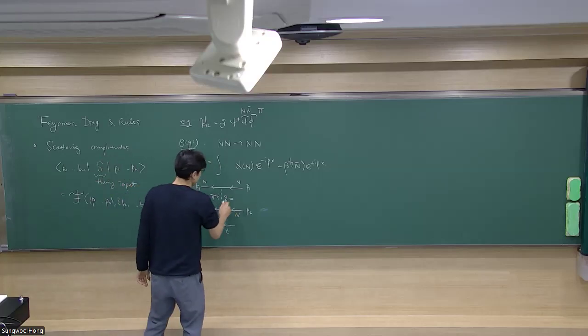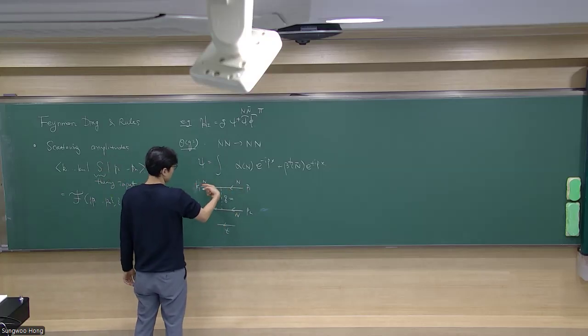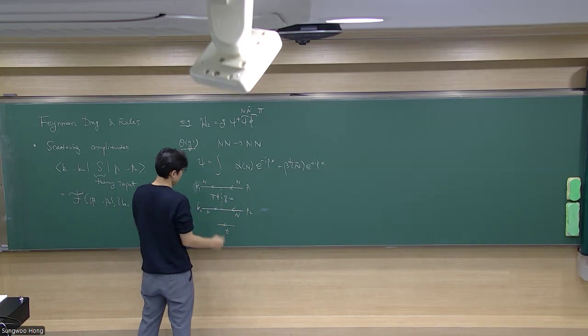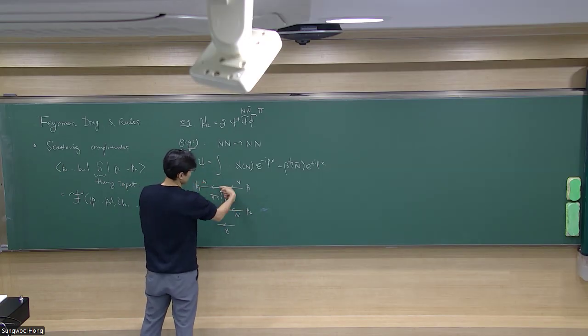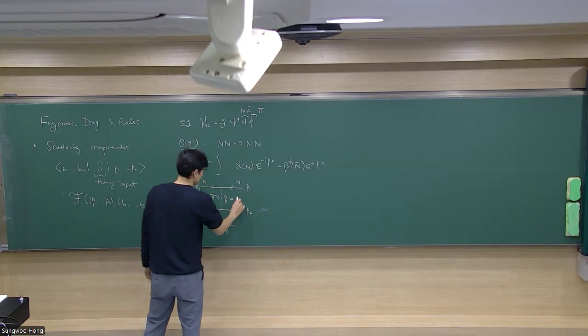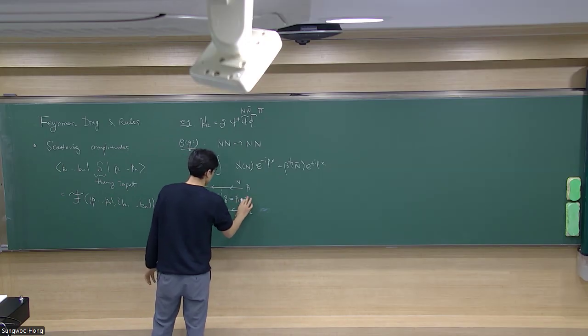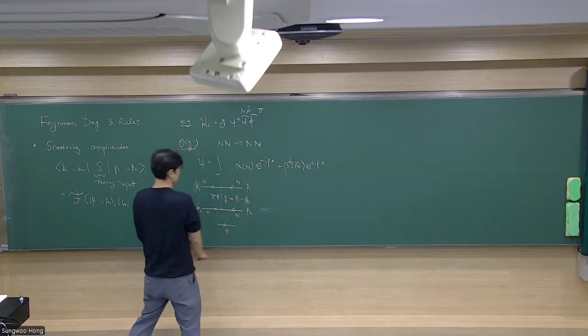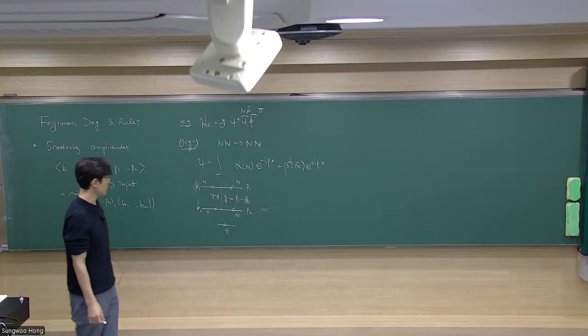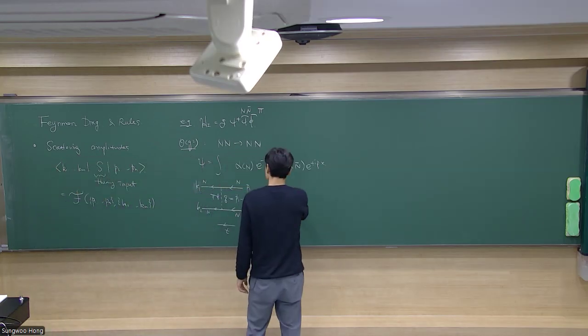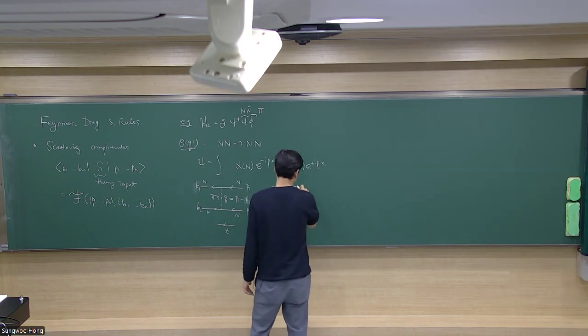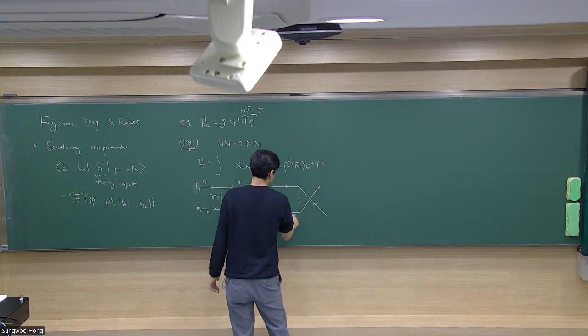By momentum conservation, momentum comes in and goes out, and you can check that the sum of the two outflows should be the same as the one inflow. That means that this is P1 minus K1. There was another diagram, this one.